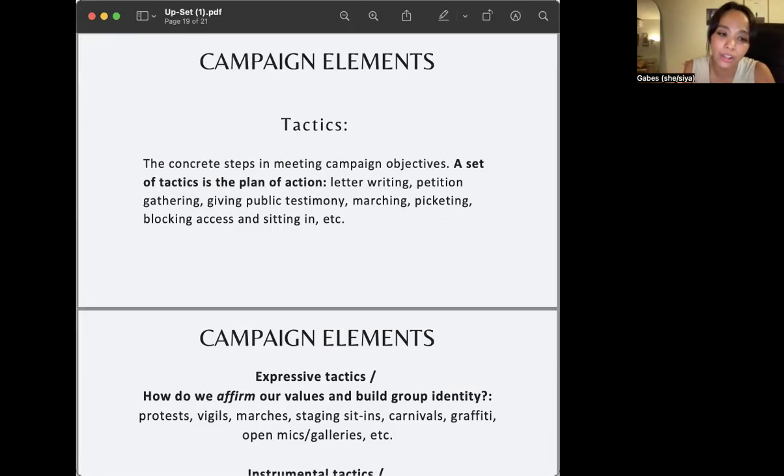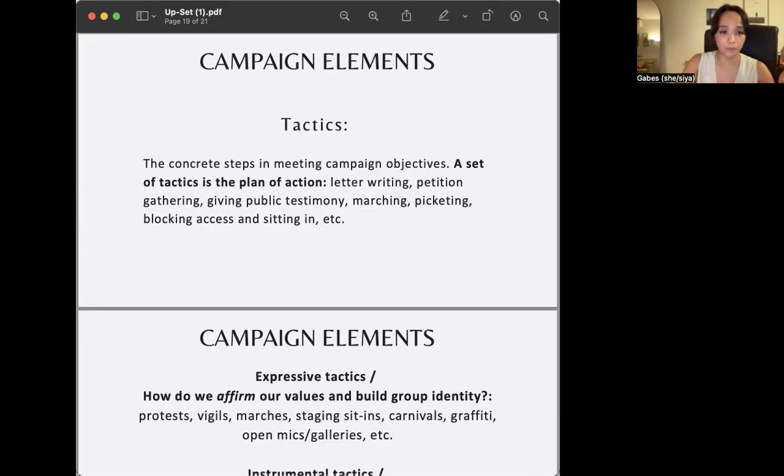The tactics are the social action activities that you use to achieve your campaign goal. And as a group, y'all get to decide together the tactics that deliver the greatest impact for the energy and resources you invest, based on your problem analysis, your root cause analysis, and your power analysis.